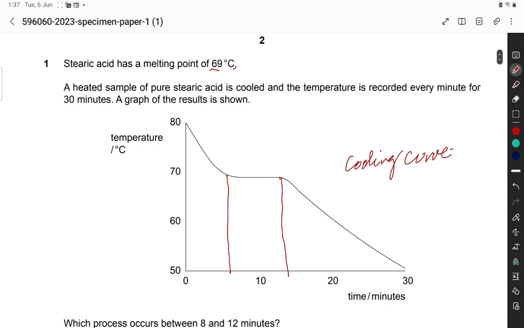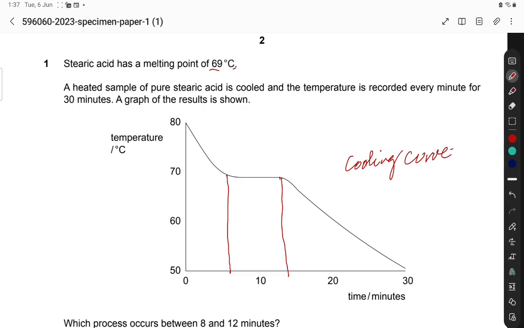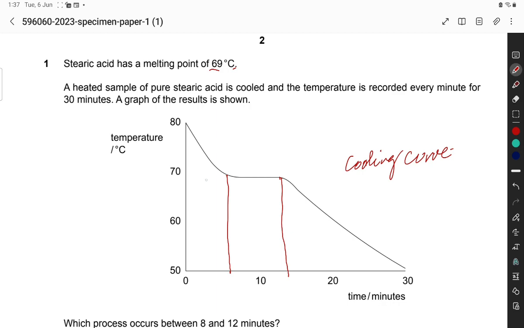It has a melting point of 69 degrees centigrade, so this is its melting point. At this point all solid is going to melt, and at this temperature it is in the liquid state.